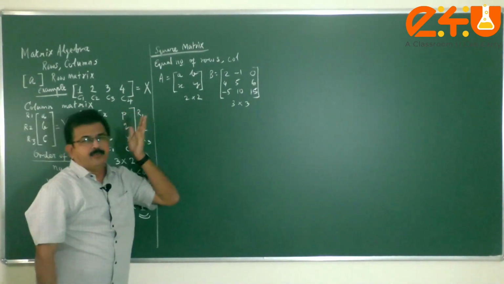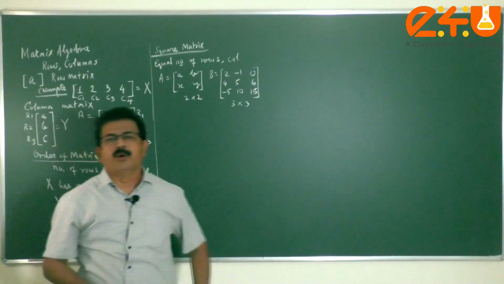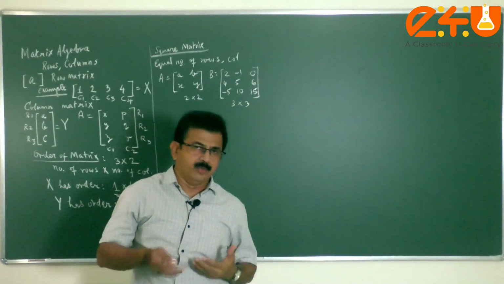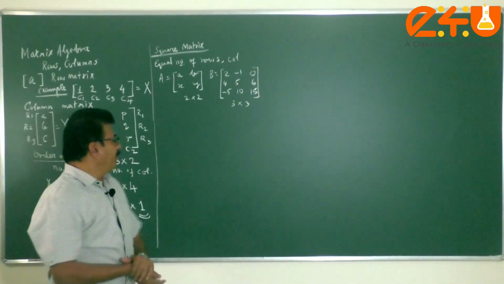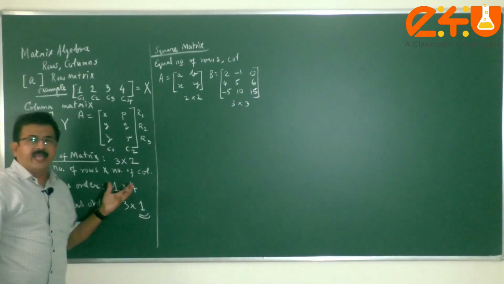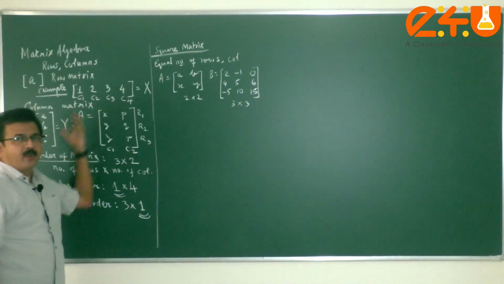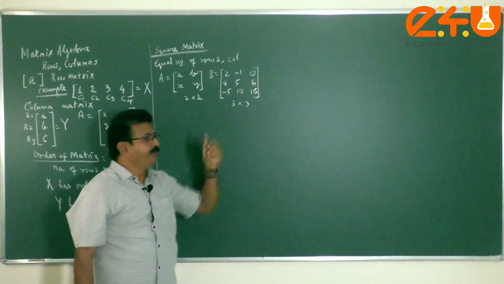Well, so now we have basically come to this level. We understand matrix is an orderly arrangement of numbers or variables in the form of rows and columns, and we have studied what is order of a matrix. Order can be simply a row matrix or a column matrix, rectangular as well as square matrix.